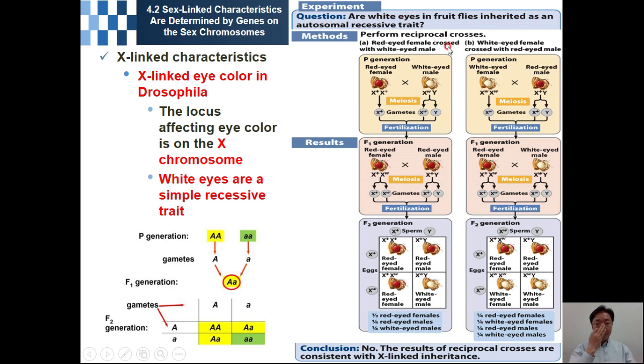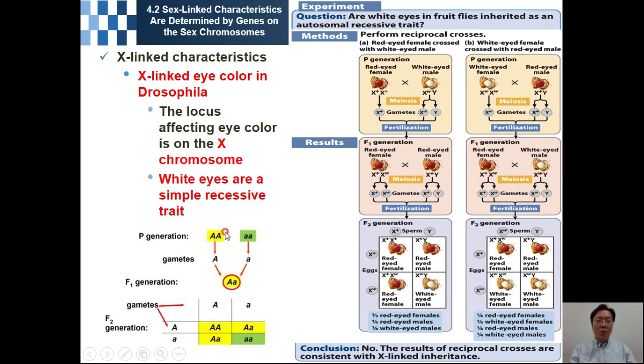For example, because W is recessive, the plus means red eyes. He used a white-eyed male, genotype XWY, and crossed it with the wild type, X plus X plus.